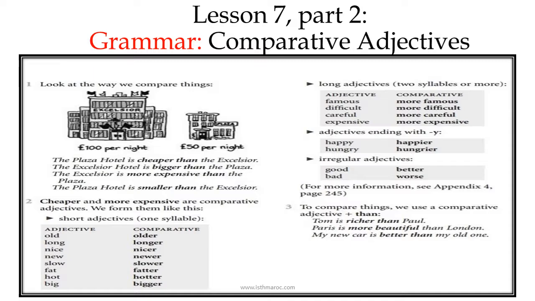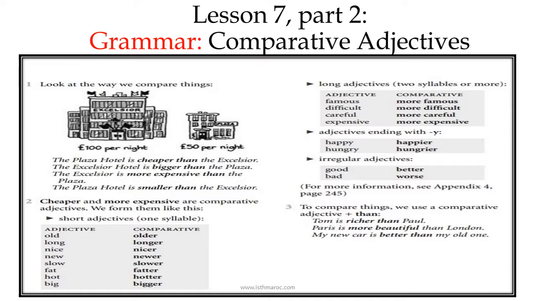To recapitulate in brief, we have three types of adjectives. Short adjectives: adjective plus er, and when we have consonant, vowel, consonant, we double the last letter, like in hot, plus than. For long adjectives, more plus adjective plus than.